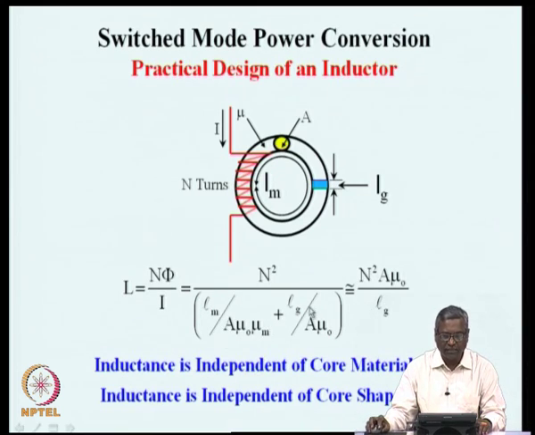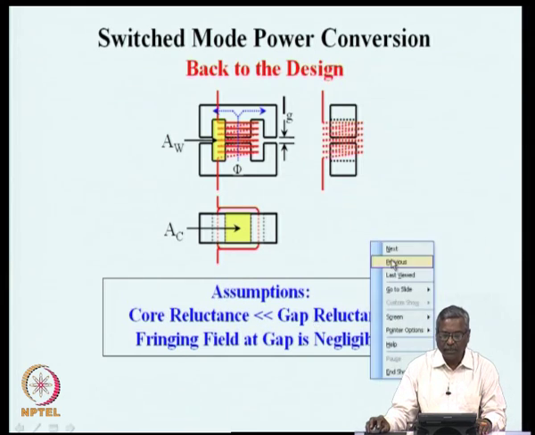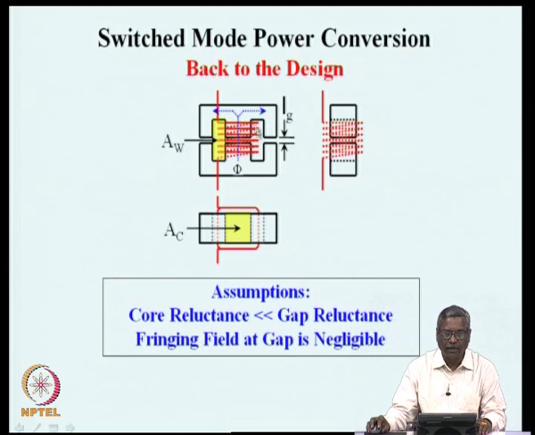But if this is not negligible in comparison with this term, there will be an error in our calculation, and your calculated value of inductance will be different from the measured value of inductance. The assumption was that core reluctance was much less compared to gap reluctance. Another assumption that we made was the flux was only in the gap and there was nothing leaking on either side of the gap. That is known as fringing effect, and we assume that there is no fringing field at the gaps.